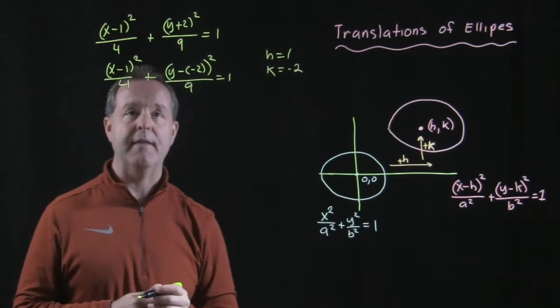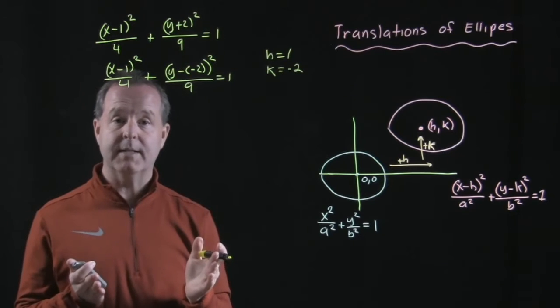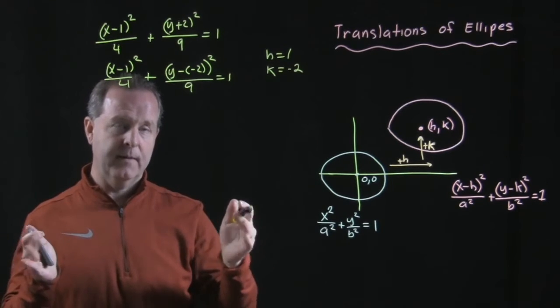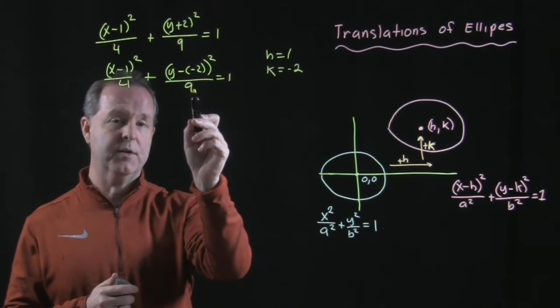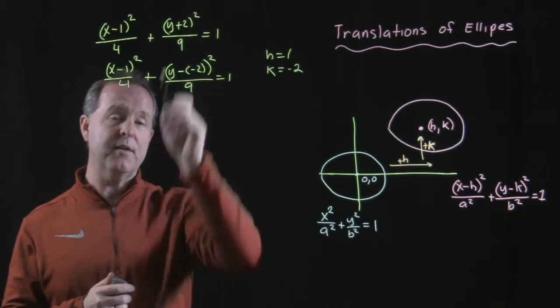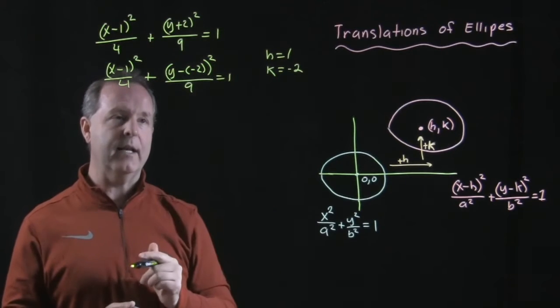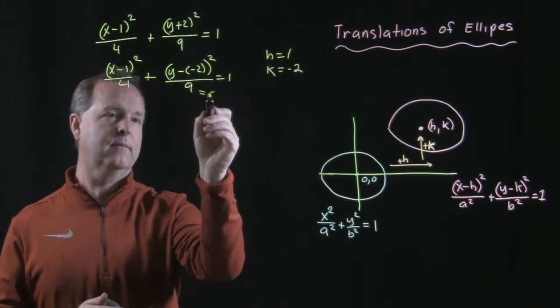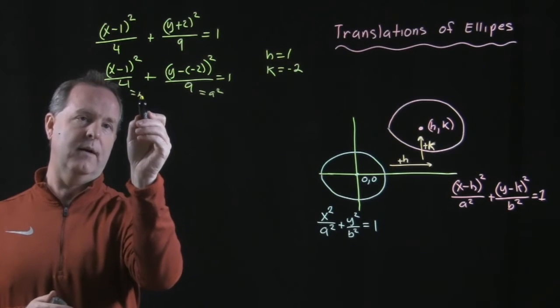All right, from there I think we have enough information. Which one is its major axis? Is this vertical or horizontal? Well, the major axis is the one with the larger number on the bottom, and the larger number is underneath the y, so it is elongated along the y-axis. So this represents my a squared, and this one's my b squared.